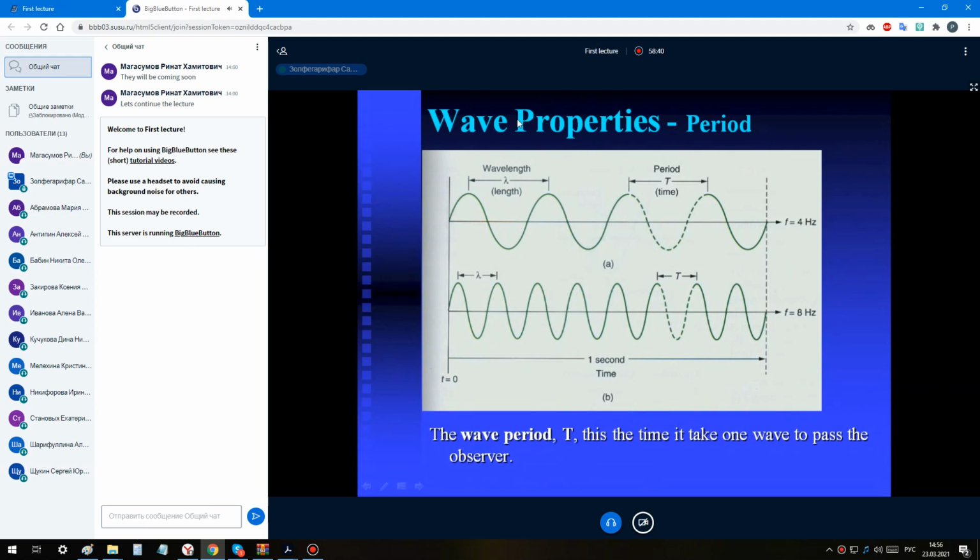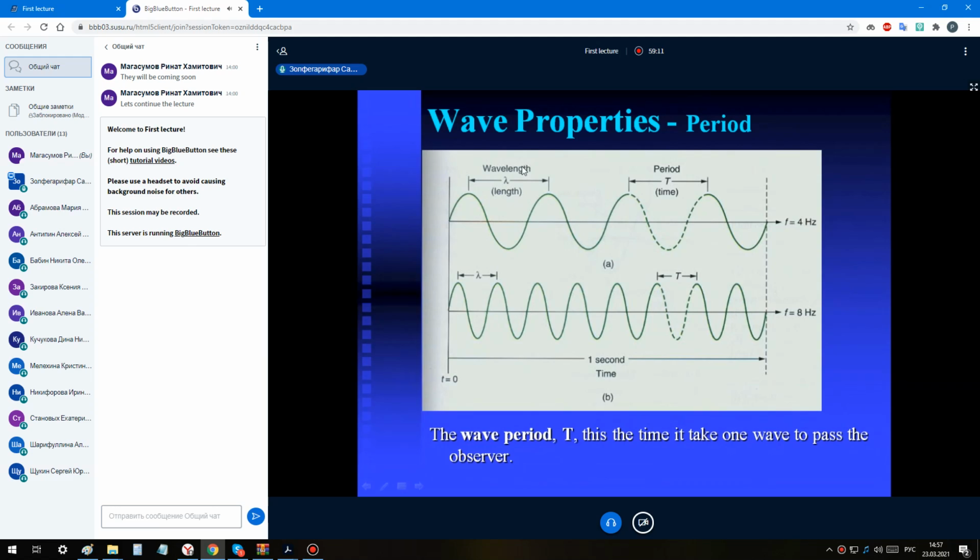Another parameter is frequency, shown with f. F is the number of waves passing a particular point in 1 second.